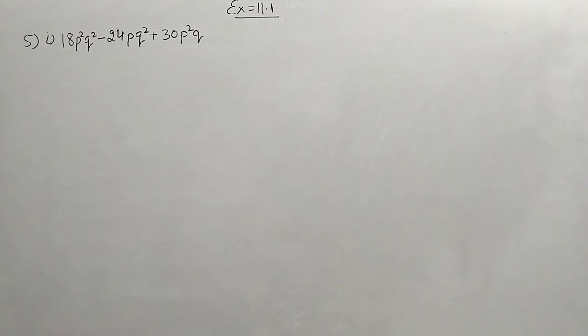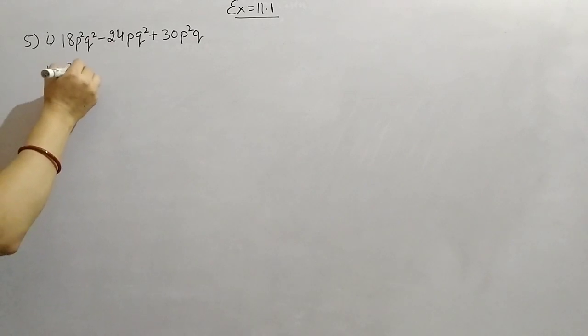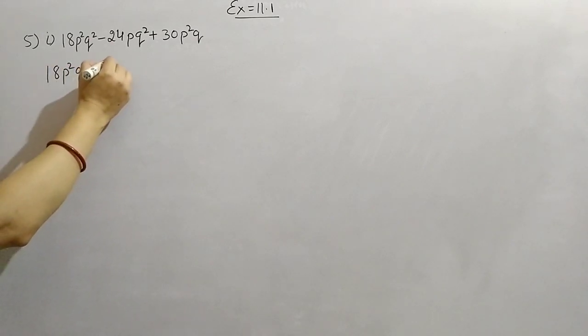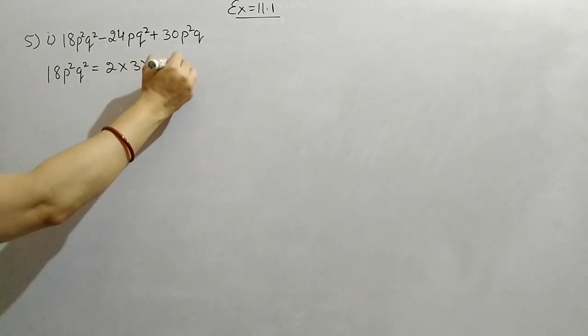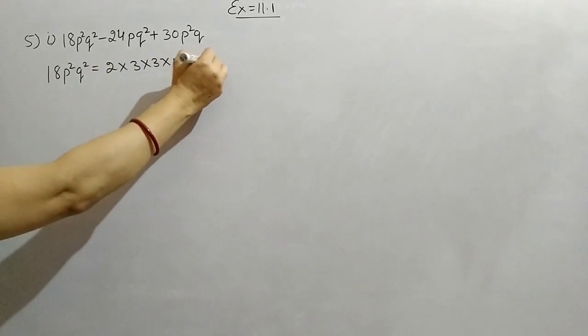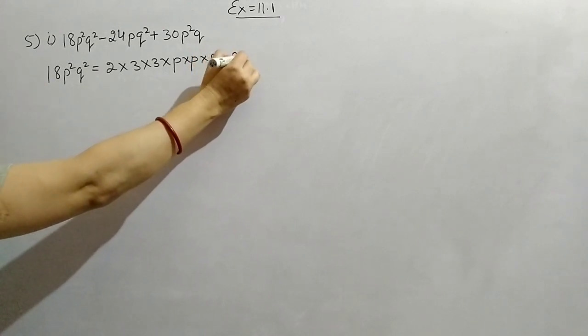Next, question number 5, first part: 18p square q square minus 24pq square plus 30p square q. First, do the factorization of each term. 18 we can write as 2 into 3 into 3 into p into p into q into q.